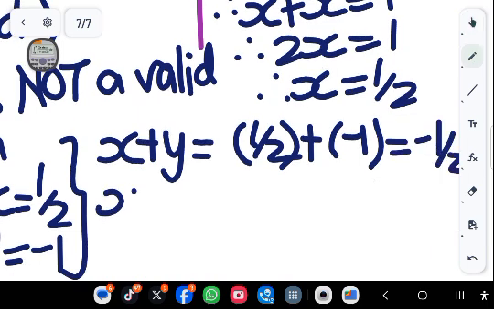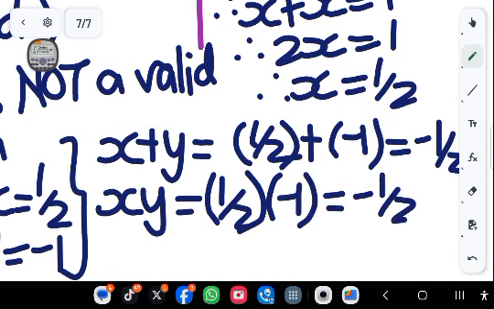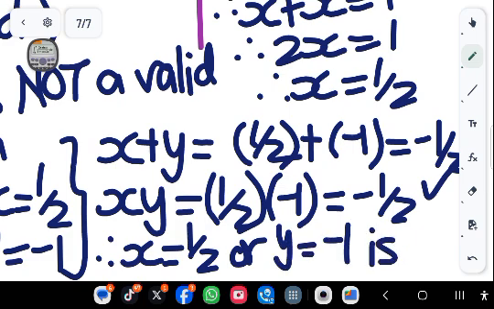All right, xy becomes half times negative 1, which is negative a half. This one checks out. Therefore, x equals half and y equals negative 1 is the solution.